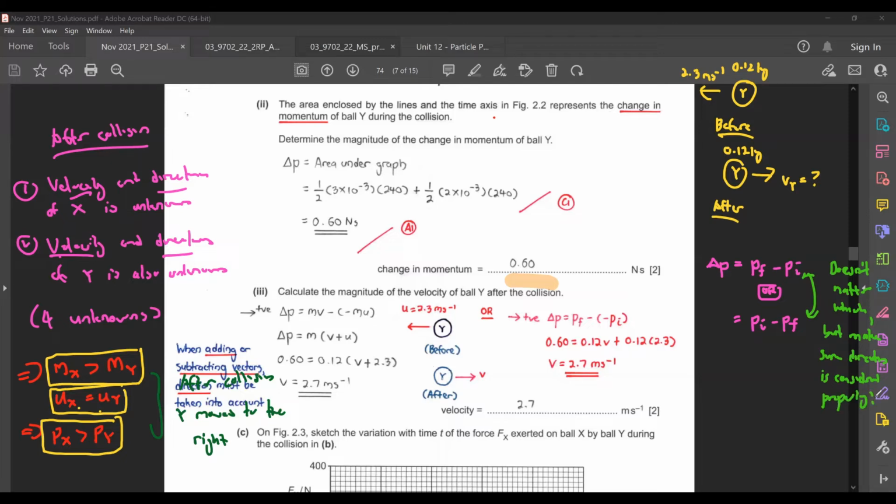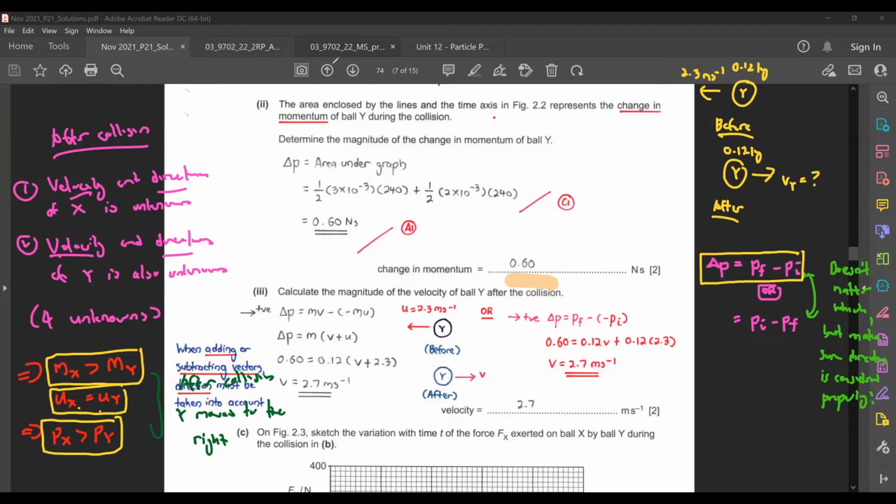So let's just say, for the sake of discussion, I want to take final momentum minus initial momentum. Wait, let me just see which one I should take. For my case here, I will take the final momentum minus initial momentum.